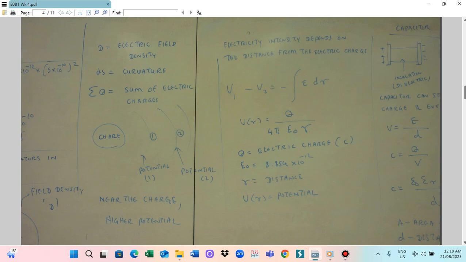V1 minus V2 is calculated as the integration of E dR. So this is the equation to calculate the potential: the electric potential between point 1 and point 2 is the minus integration of E dR. With this formula we can calculate the electric charge and the potential. For a point charge, the potential V1 is equal to Q divided by 4 pi epsilon-zero R, where Q is the electric charge.